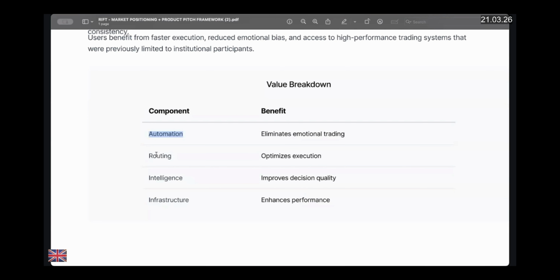Then comes the routing part, which is optimized execution of trades, automated for you in alignment with the intelligence layer of Rift. And then comes the intelligence component of the automated trading engine, which improves decision quality: when to exit, not to be greedy, not to hold the position until it turns into a loss-making position.